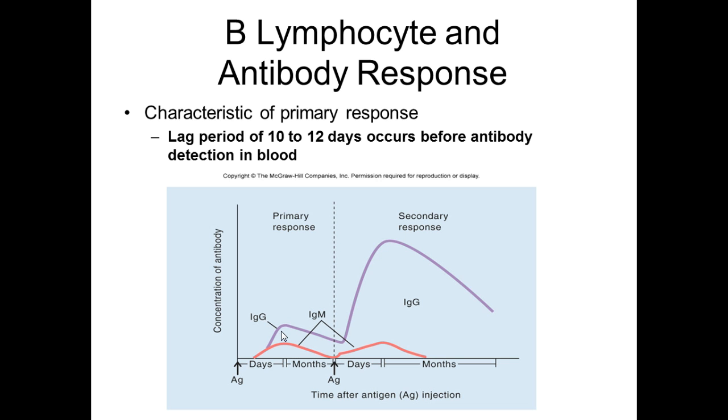So this first exposure, the scary thing is that time, that lag. And the good thing with vaccination is that you take care of that in a safe way, that hopefully you get past, not hopefully, you get past that lag period and you've already produced all these memory cells. So that the second time you're exposed, naturally, potentially, to say measles, right, then you already get those memory cells.